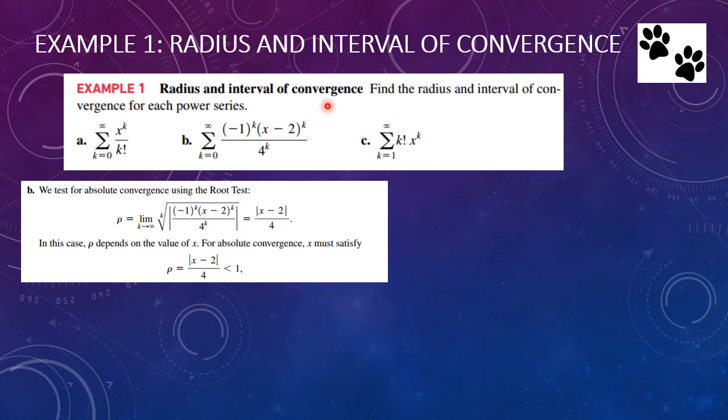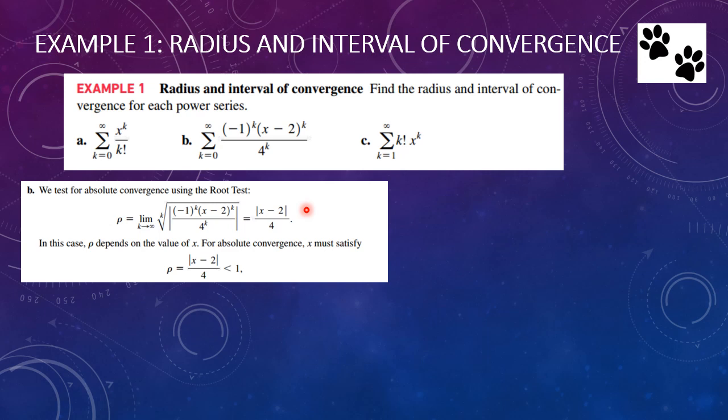And when we take the kth root, applying the limit as k goes to infinity, this all simplifies to simply, well, negative 1 to the k, and this is the absolute value, so that negative 1 term just disappears. It doesn't matter. We're not going to oscillate because it's the absolute value. And then when we take the kth root of something to the k power, we just get the base, so that we end up with the absolute value of x minus 2 over 4.